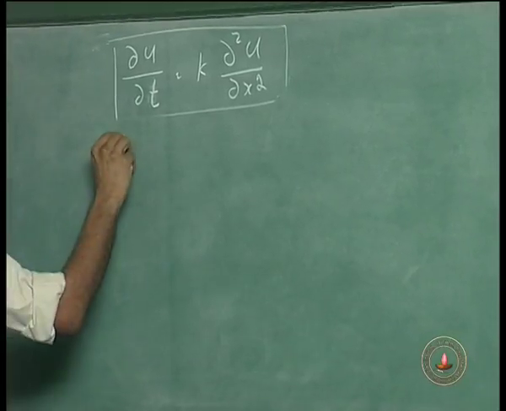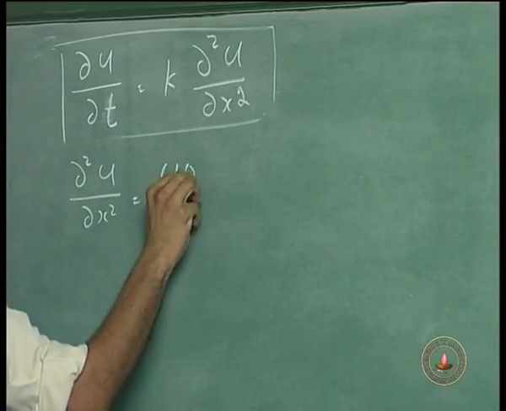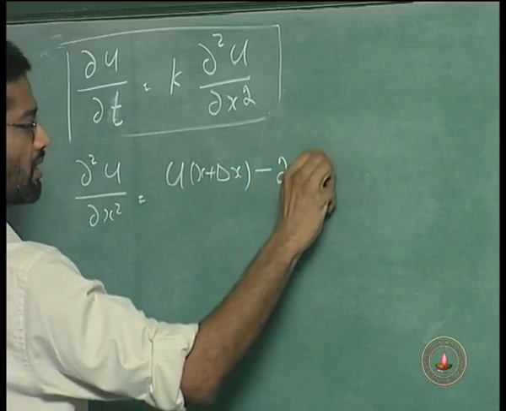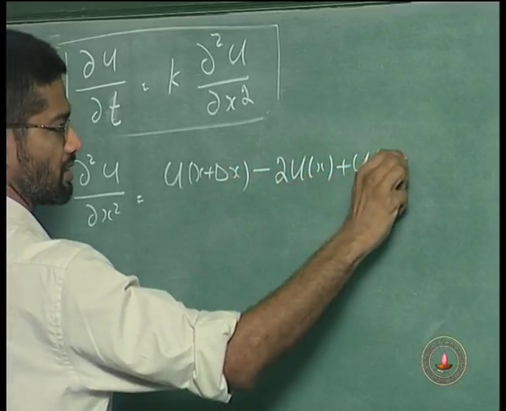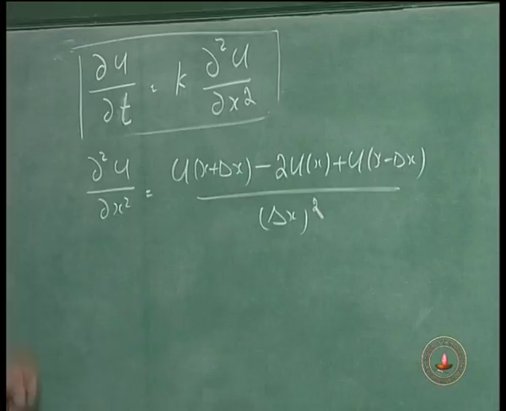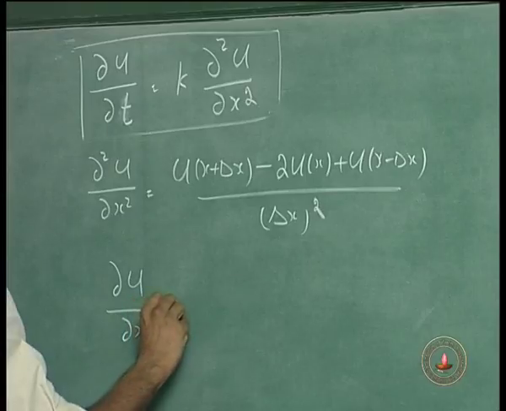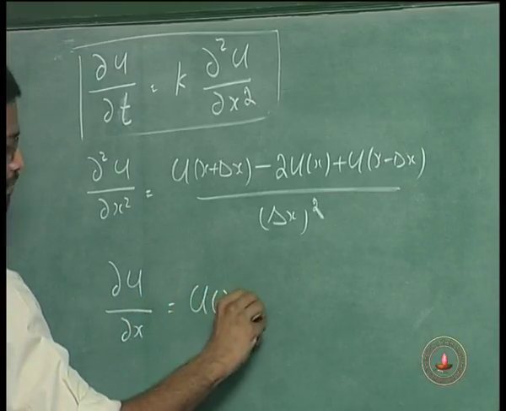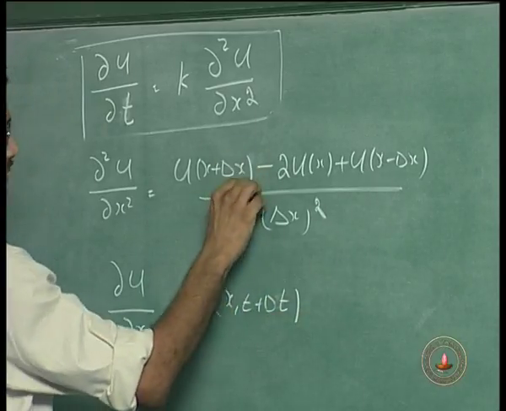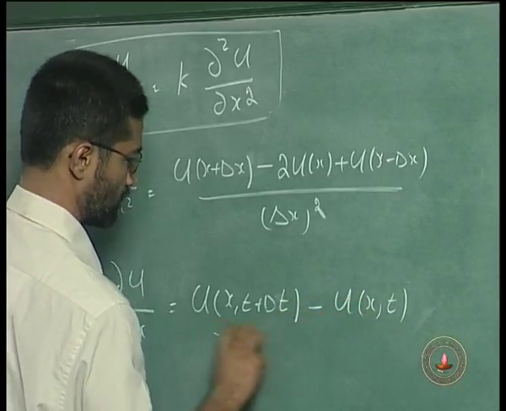So again, we could write del squared u by del x squared as u at x plus delta x minus 2 u x plus u at x minus delta x, divided by delta x squared, and we could write del u by del t as u at x, t plus delta t, minus u at x comma t, divided by delta t.